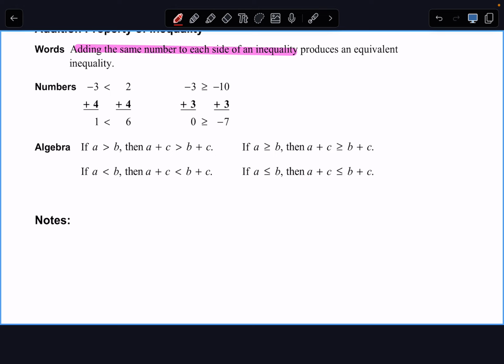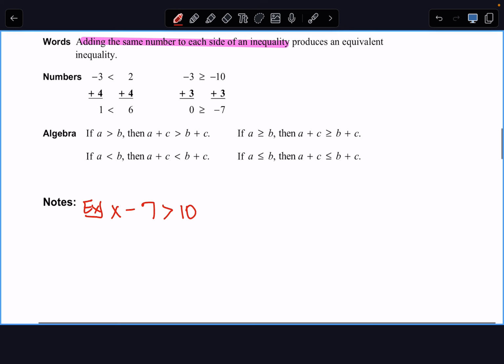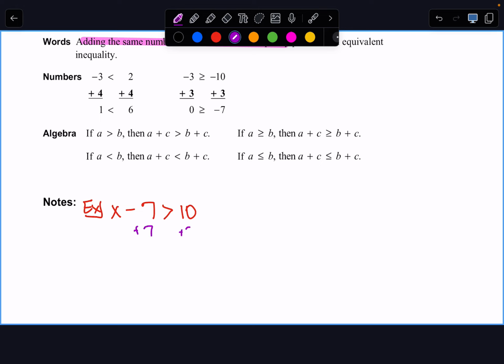For example, if we have x, well, here, let's see, example. X minus 7 is greater than 10. Okay, if I want to get x by itself, it is completely legal to add 7 to both sides of the inequality.